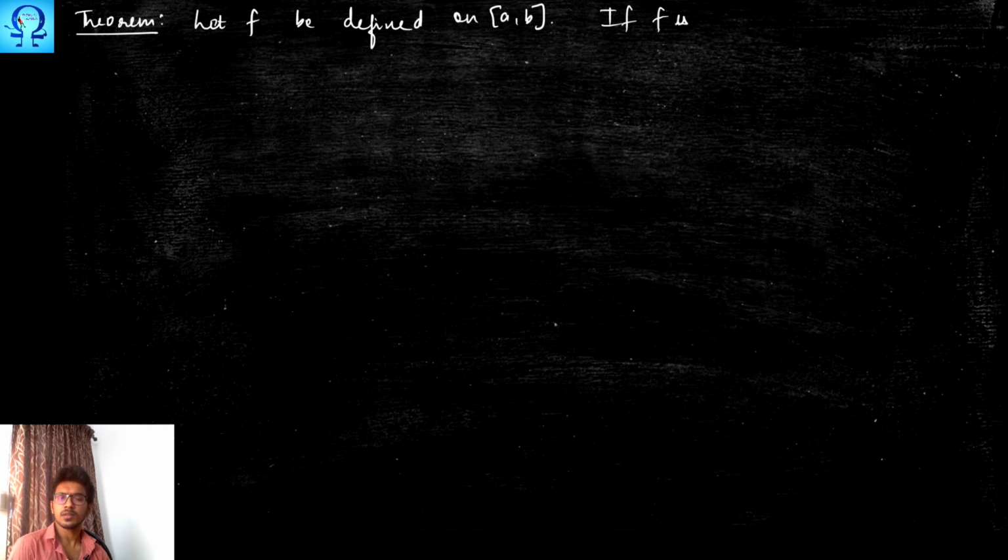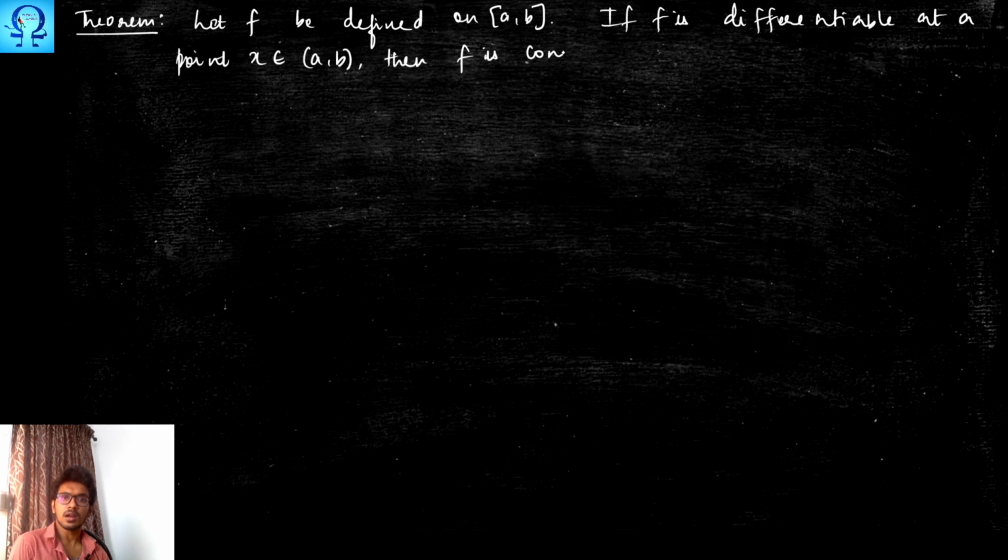If f is differentiable at a particular point x in the interval [a, b], then f is continuous at the point x. So this is what we are about to prove now.